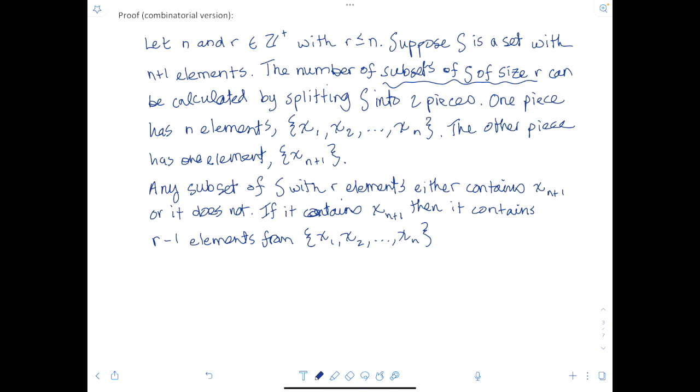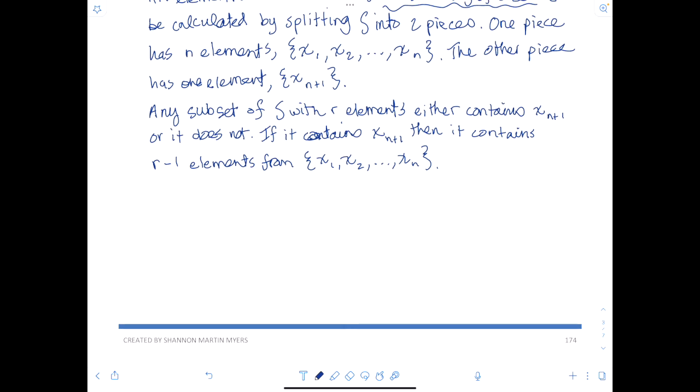Cool? Because we're only talking about that one x sub n plus 1. So by the addition rule, what are we going to have?